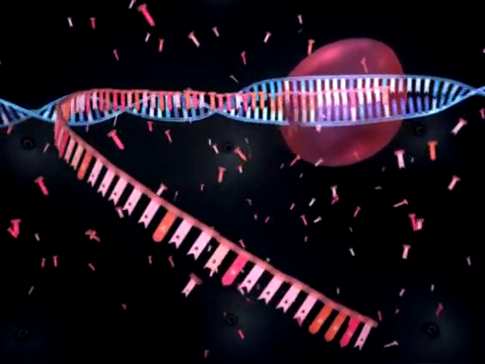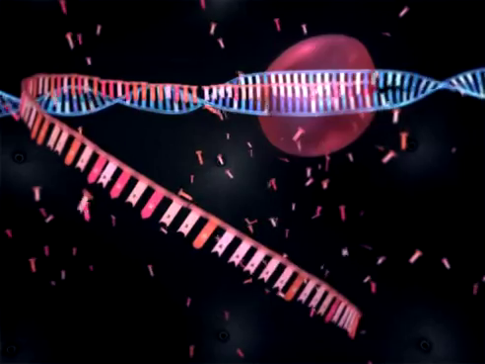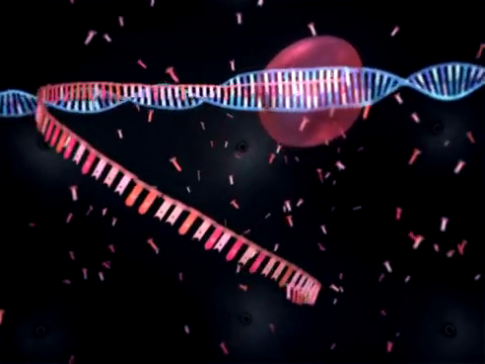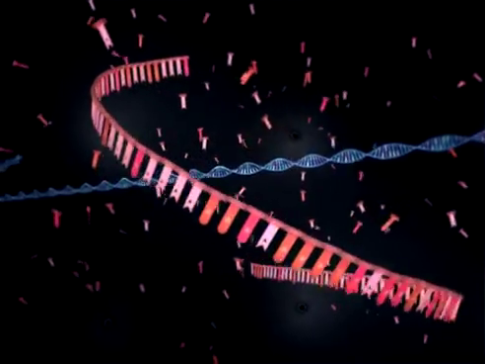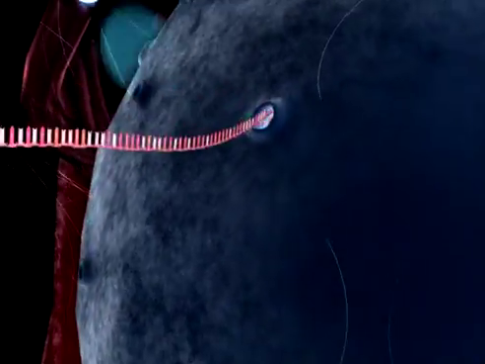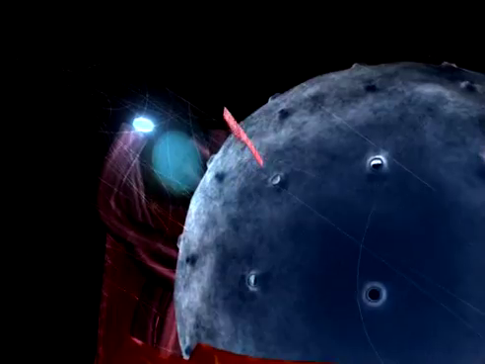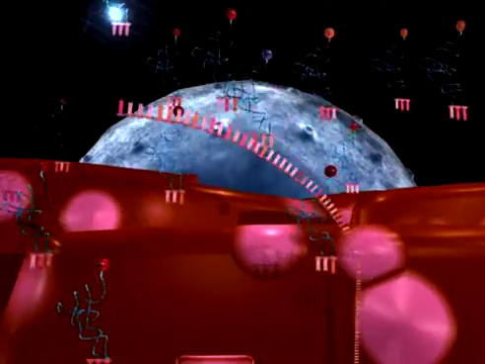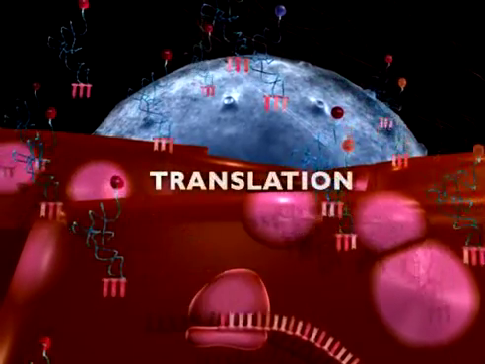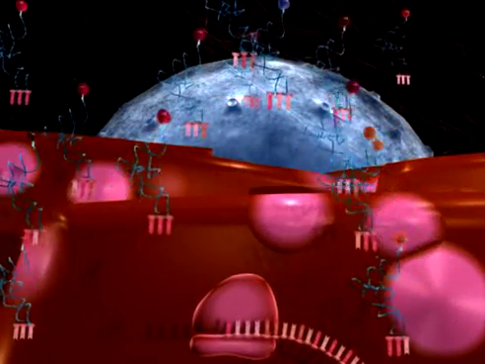Once the RNA polymerase has finished transcribing the specific gene that will create MAO, the messenger RNA leaves the nucleus of the cell and will be turned into a protein by a ribosome. The process of turning mRNA into a protein is called translation.